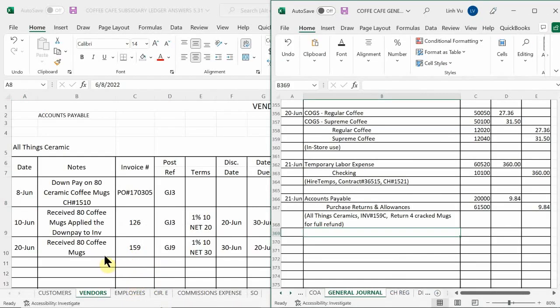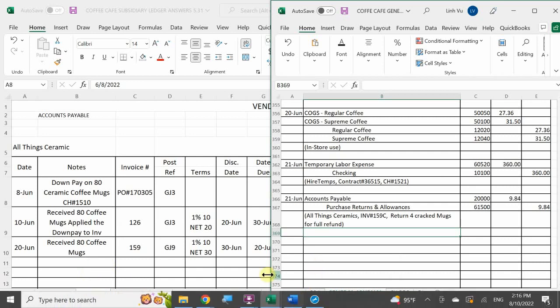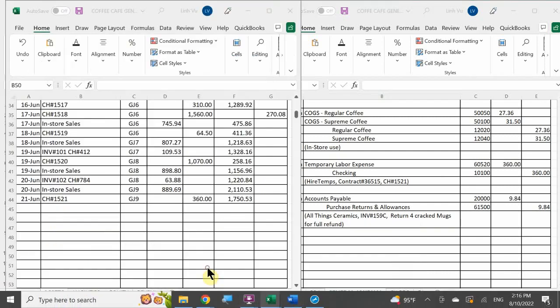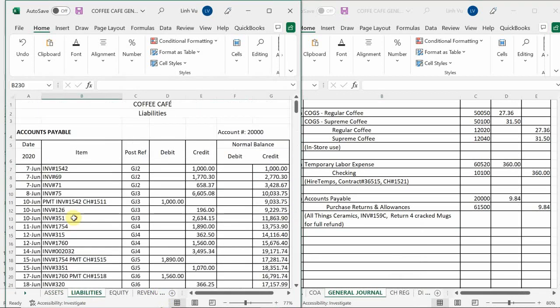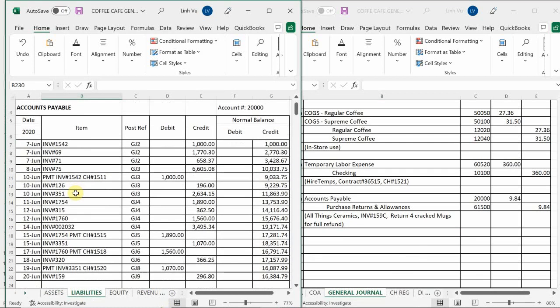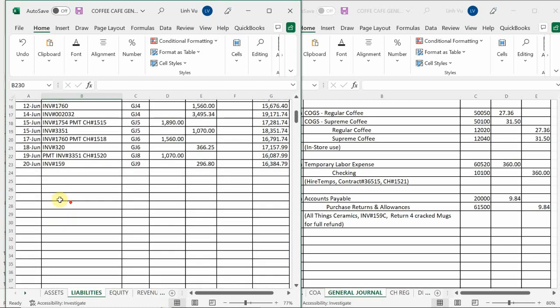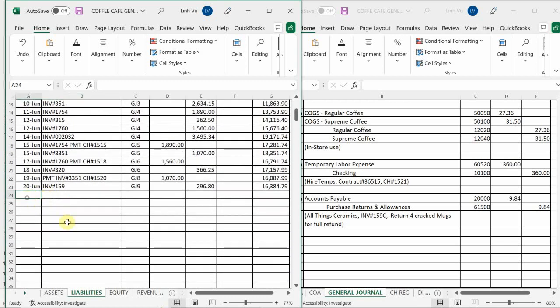There we go. We're going to go to liabilities first when I'm on the right form. Okay, we put the 21st of June, invoice 159C, page 9, and we debit 984.